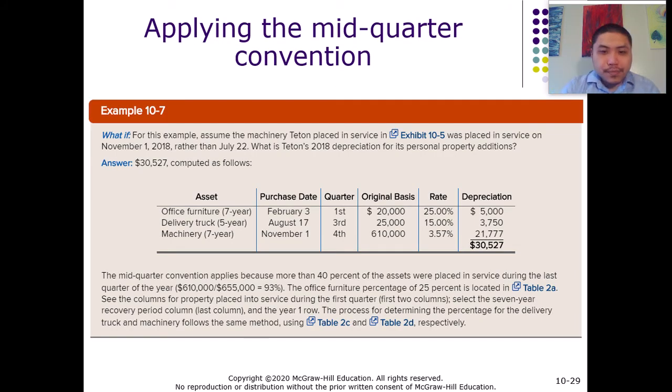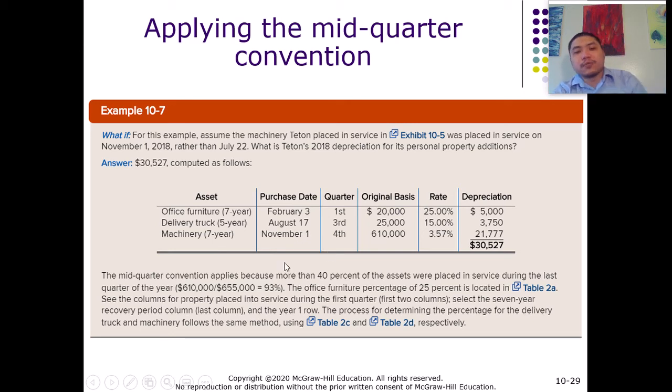So let's look at this example. Similar to the other example, same company, same assets, but the dates that they were put into service are different now. The office furniture purchase date is February 3rd. For the delivery truck, the purchase date was August 17th, and for the machinery, the purchase date was November 1st.